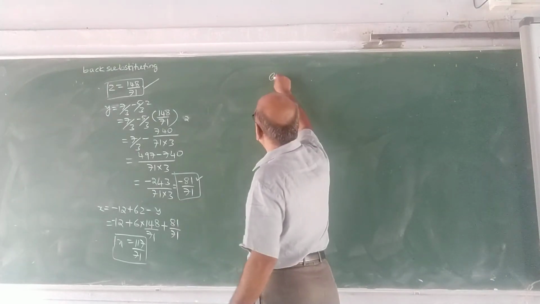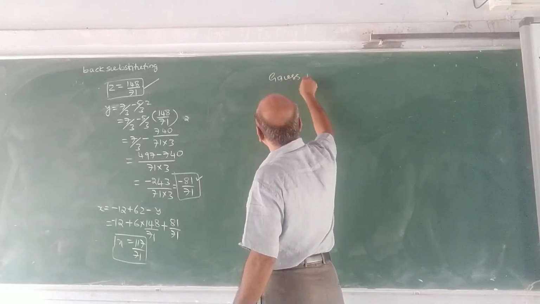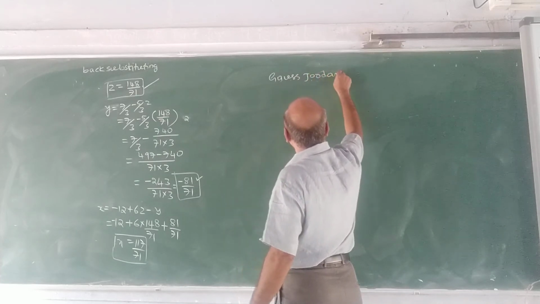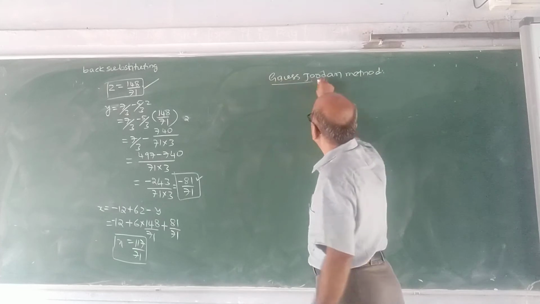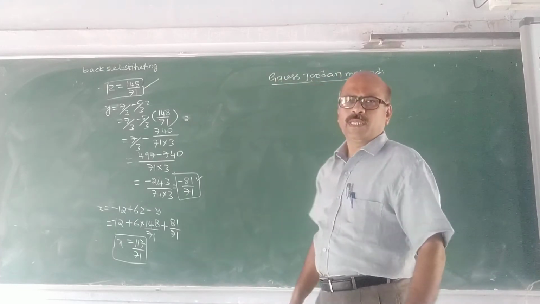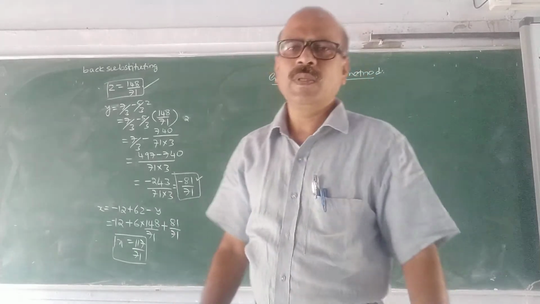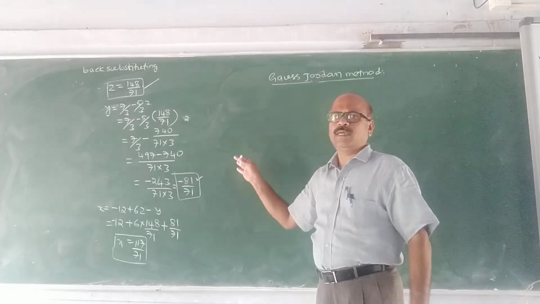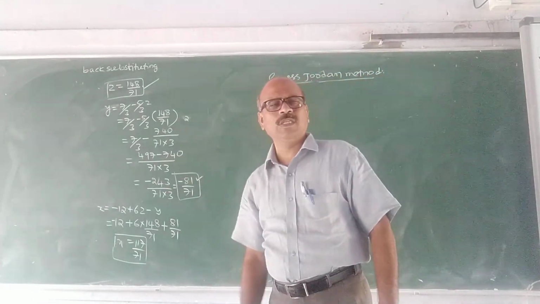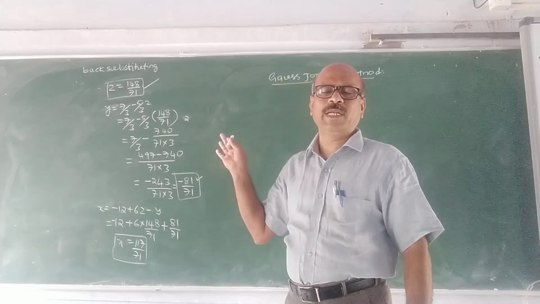Next is the Gauss-Jordan method. In the Gauss-Jordan method, as in the Gauss elimination method, we form the augmented matrix.